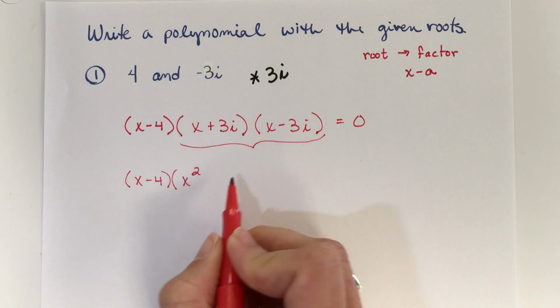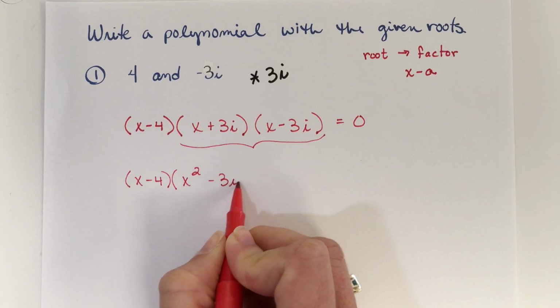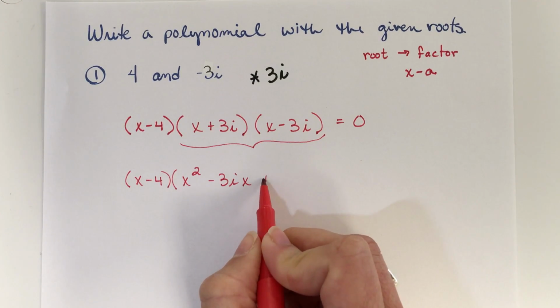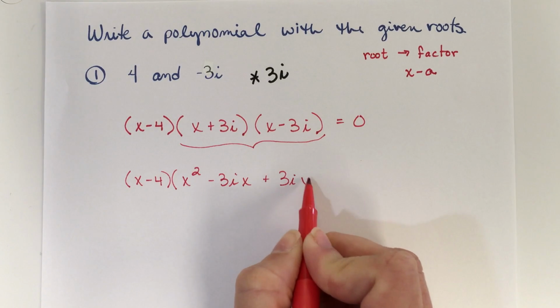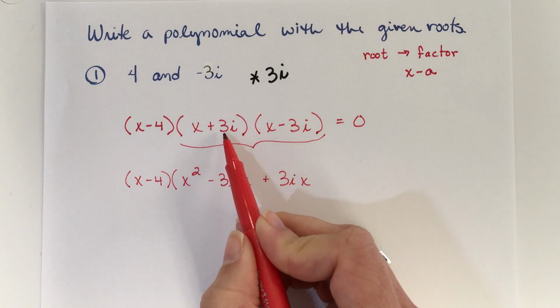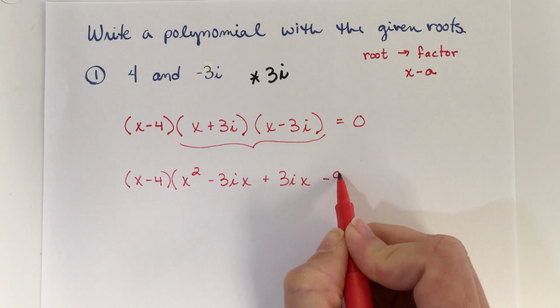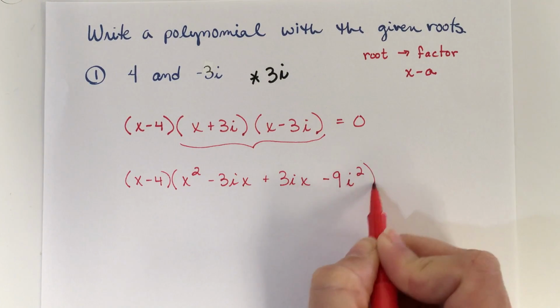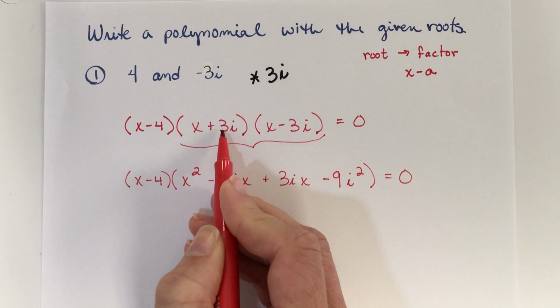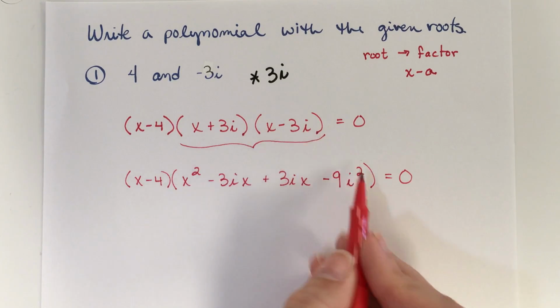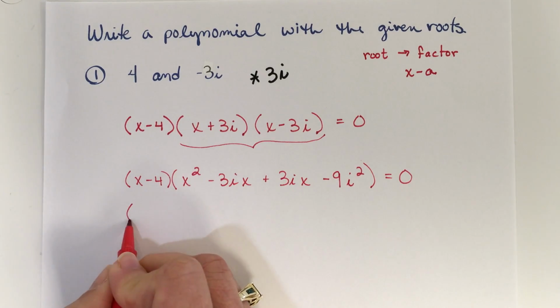Now x times negative 3i is just negative 3ix. 3i times x, so that would be plus 3ix. And 3i times a negative 3i is going to be a negative 9i squared. You just do the 3 times the negative 3, which is negative 9. I times I is i squared.